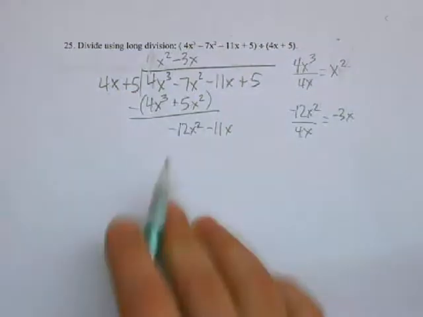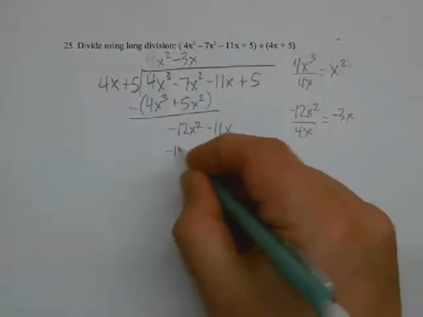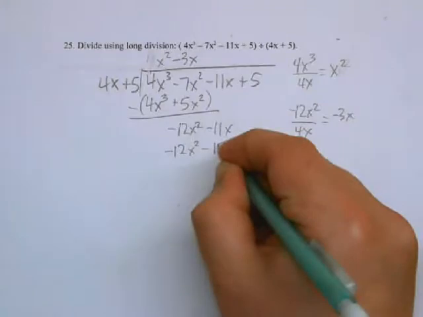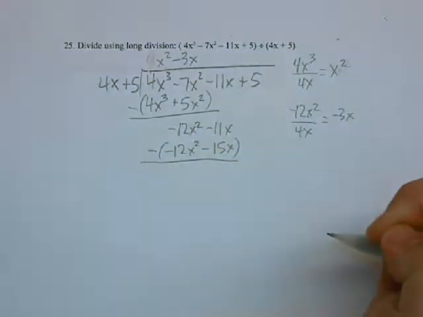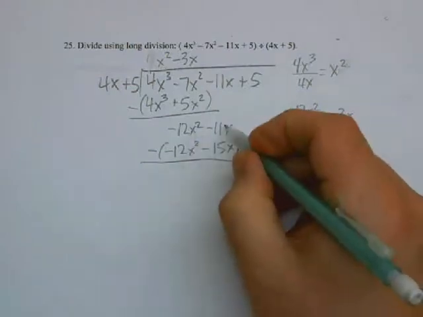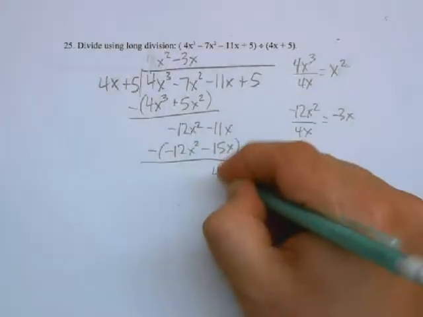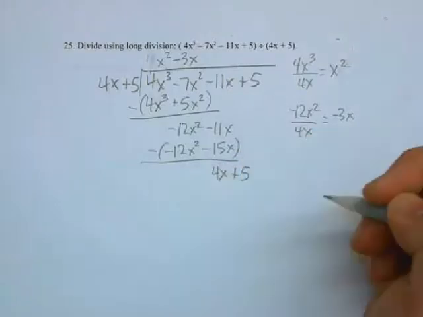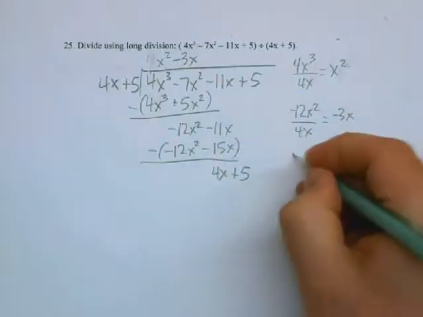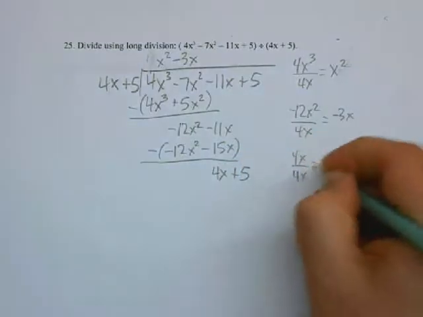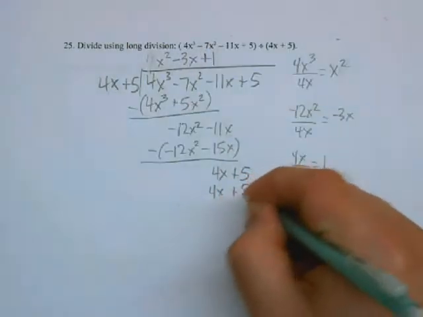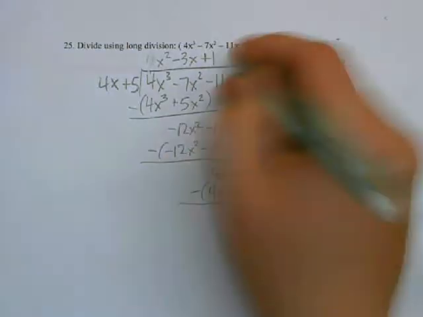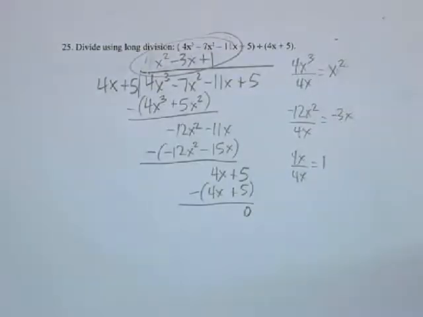So I multiply. Negative 12x squared minus 15x. And then I subtract. Negative 11x minus negative 15x is 4x. 4x divided by 4x is 1. And this one, we have no remainder. So x squared minus 3x plus 1 will be our quotient.